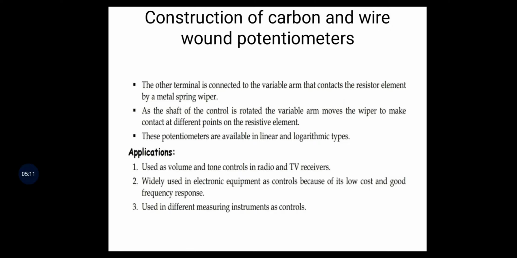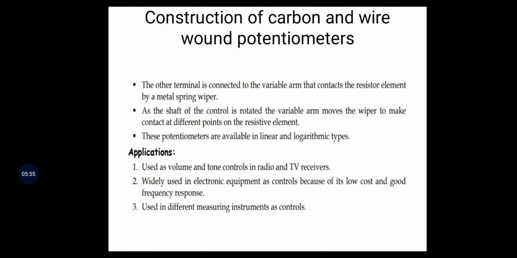These potentiometers are available in linear and logarithmic types. Linear means we vary the resistance like 2, 4, 6 like that.